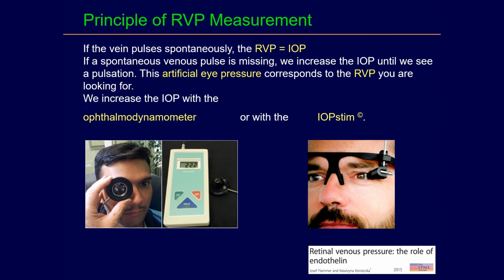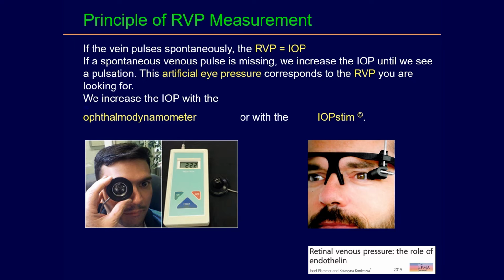This brings us to the question of how we measure RVP. As we have already noticed, if a vein pulsates spontaneously, we know the pressure in that particular vein is equal to the IOP. If, however, there is no pulsation, we can increase the intraocular pressure until we see a pulsation.